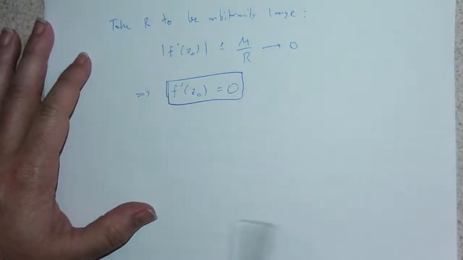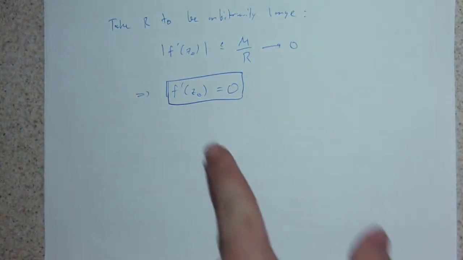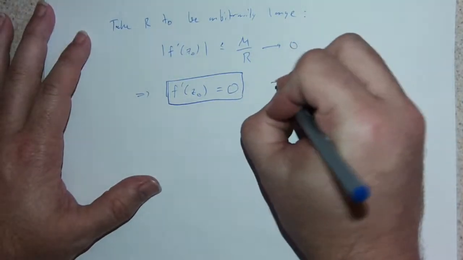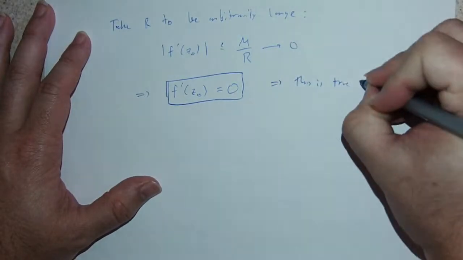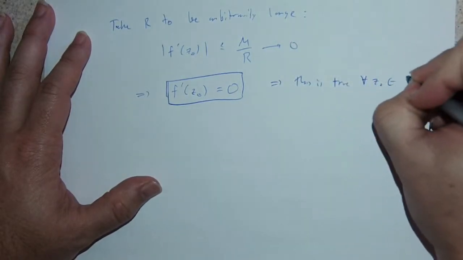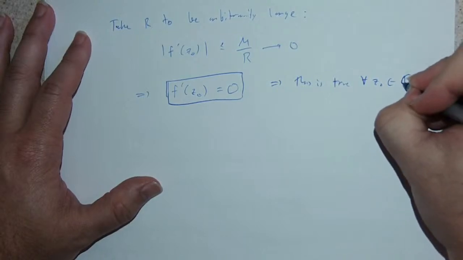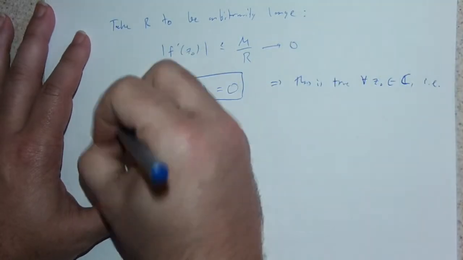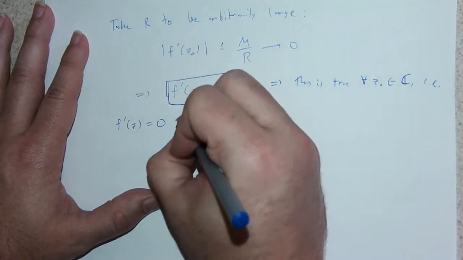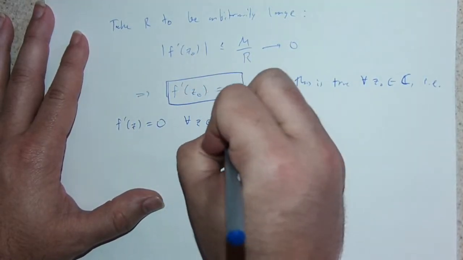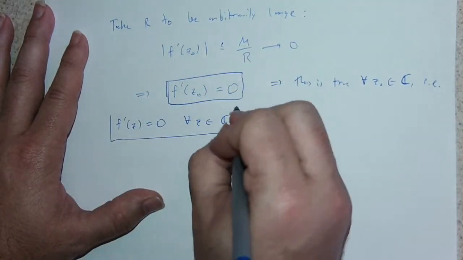But this then must be true at any z0. Okay, this is true for all z0 in C, i.e. f prime of z is equal to 0 for all z in the complex plane.